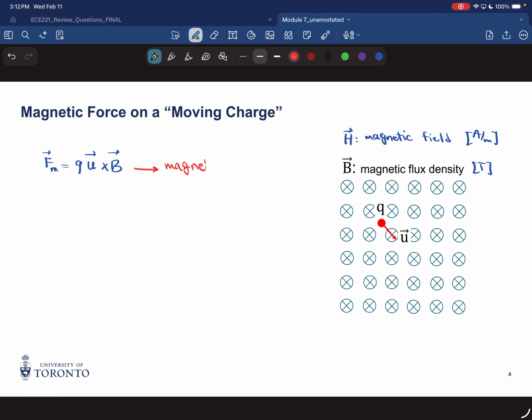Okay, so magnetic force only applies to moving charges where the velocity is not parallel to the magnetic field.